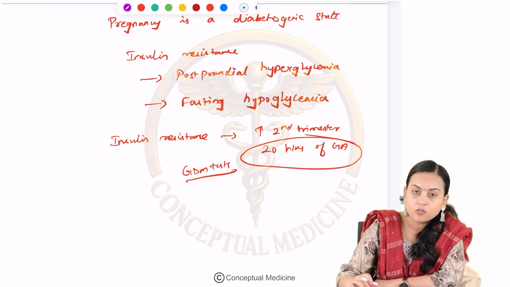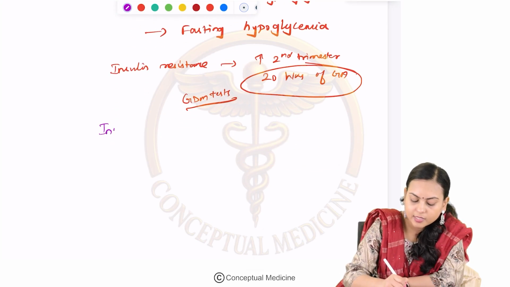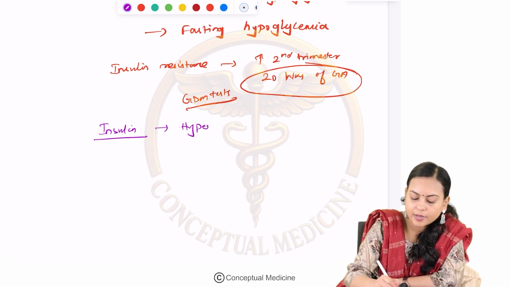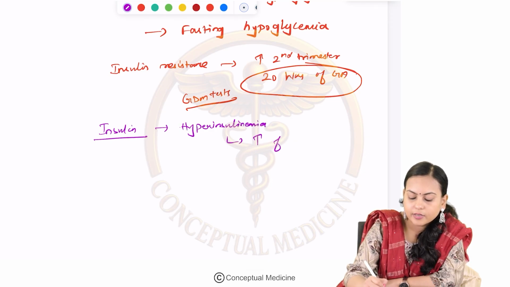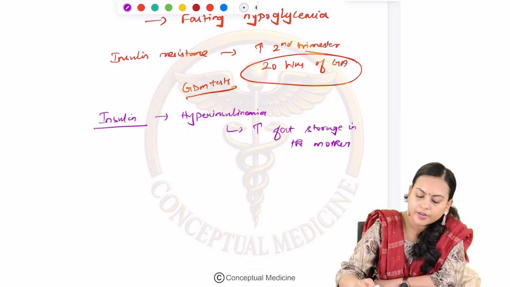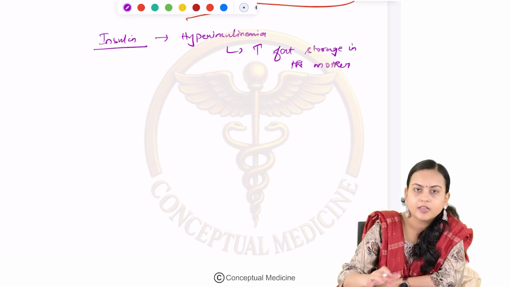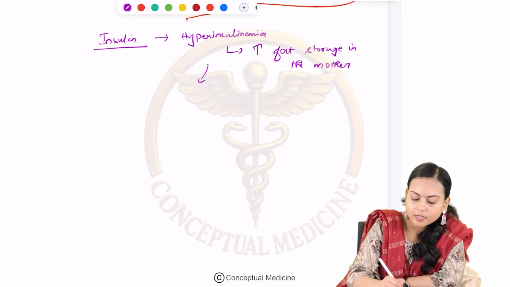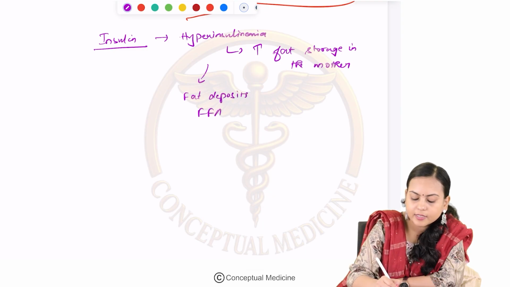Also, the insulin that is left unused brings about a state of hyperinsulinemia, and this is going to cause increased fat storage in the mother. So whenever the mother is having any lack of energy, these fat deposits, say free fatty acids, are going to be used as an energy fuel.